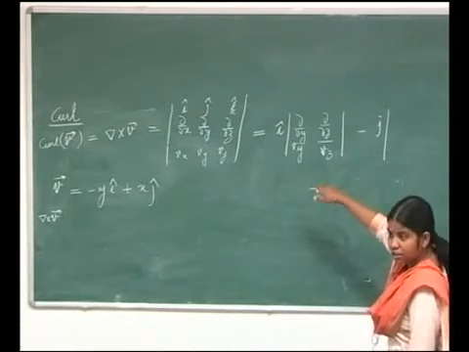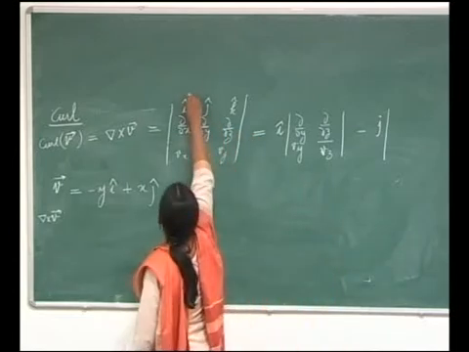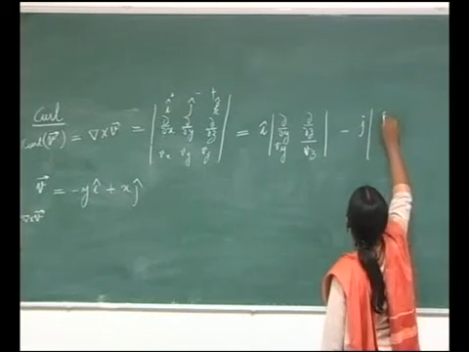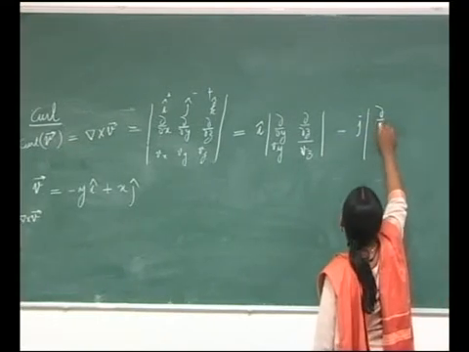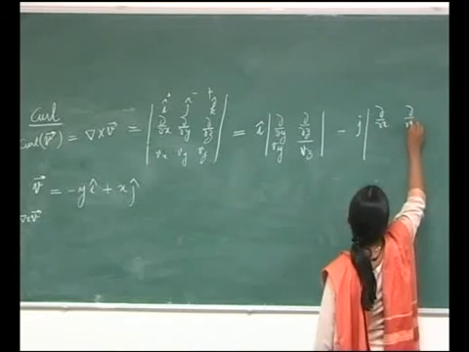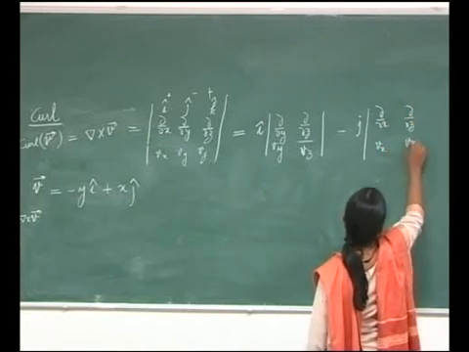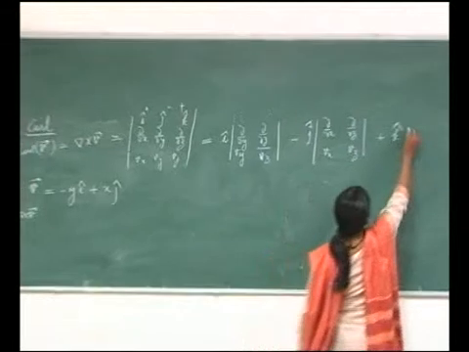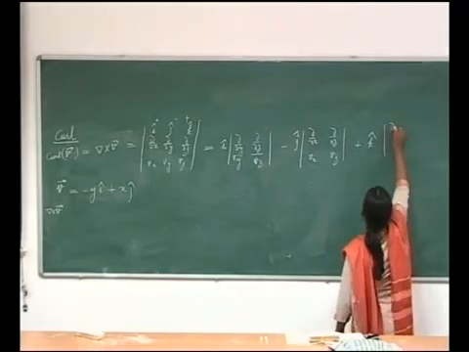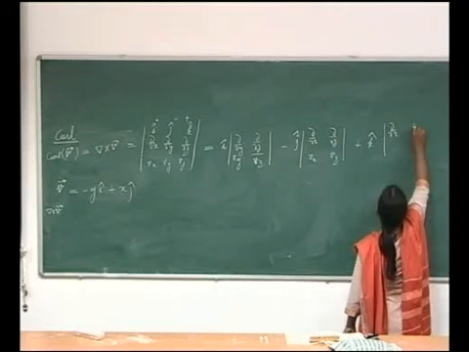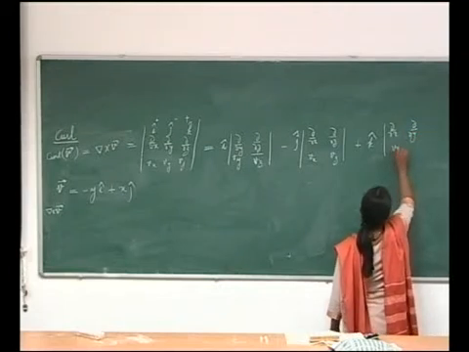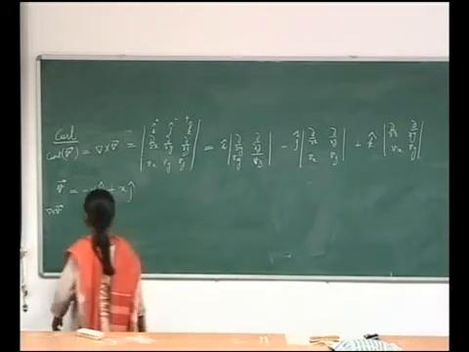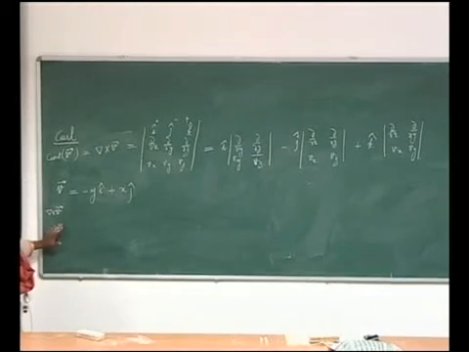It goes like this, plus minus plus. Okay. And here what I would have, del by del x, del by del z, vx, vz, plus k, with del by del x, del by del y, vx, vy. So can you please tell me from this expansion what would be the value of curl V?